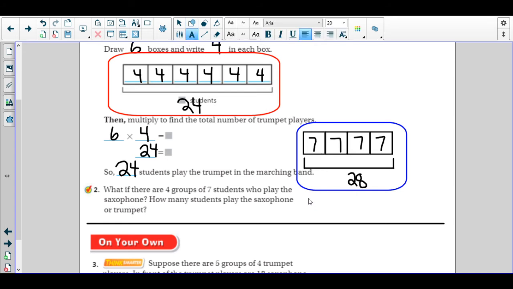So what we are going to be writing here is going to be the total number of trumpets plus the total number of saxophones.